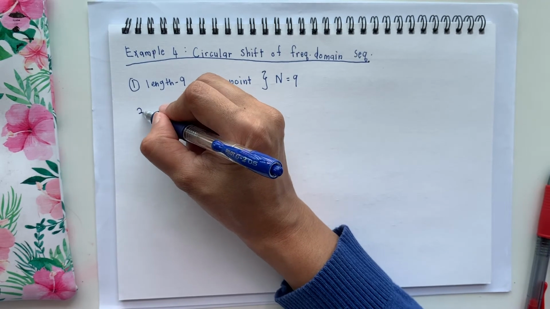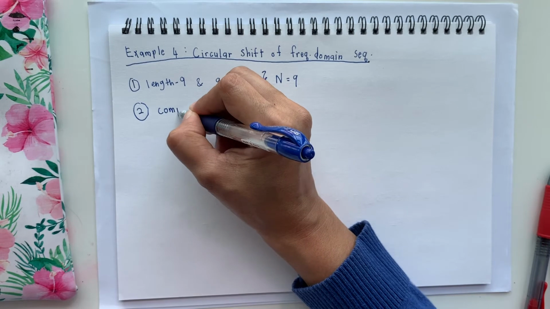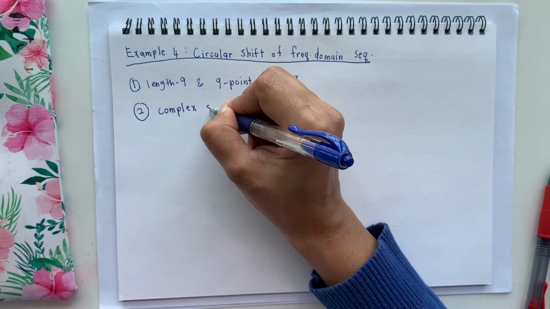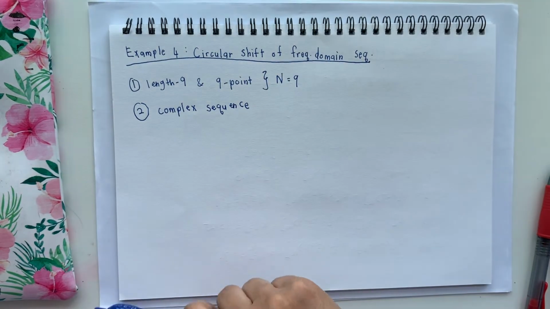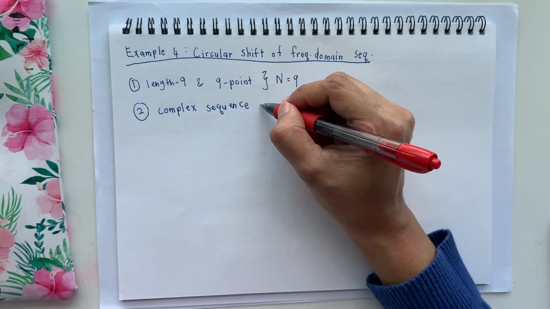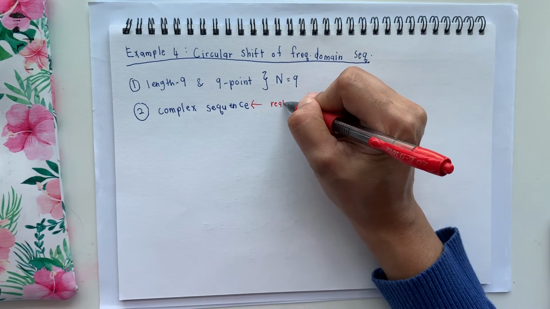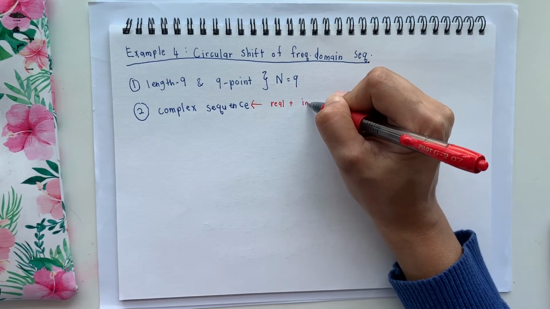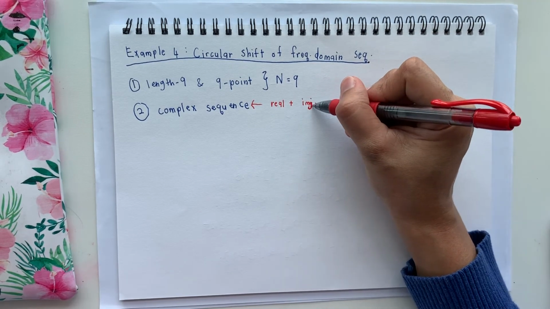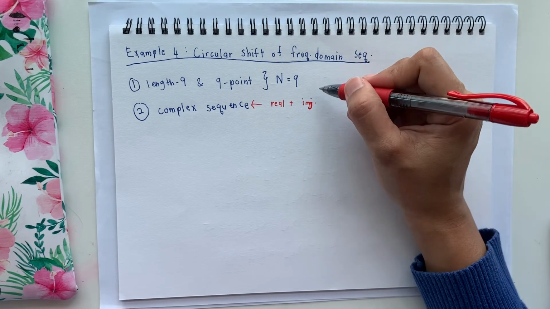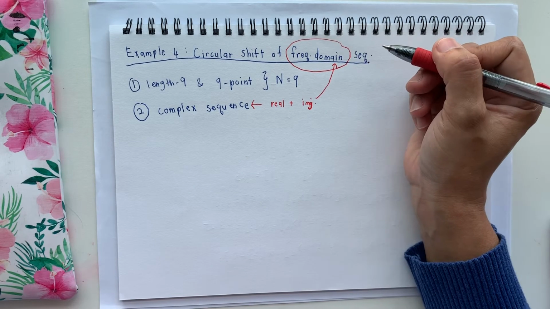The second keyword is complex sequence. When you see complex sequence, you will have real and imaginary numbers, so of course you know you have to use the frequency domain equation.